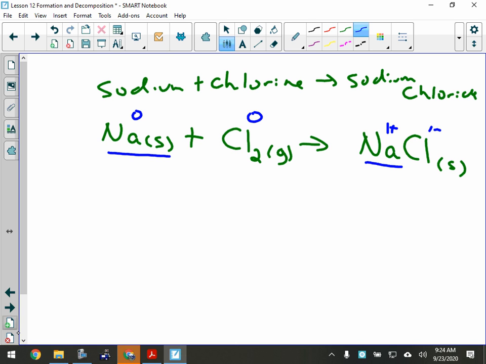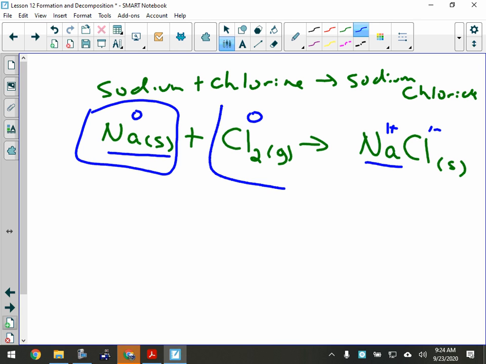It has to lose an electron. How is sodium by itself, just in this little beaker right here, let's say, for example, or that little separate thing there, going to lose an electron? It can't. Where's the electron going to go, right? So we have to remember we're starting with neutral elements here.